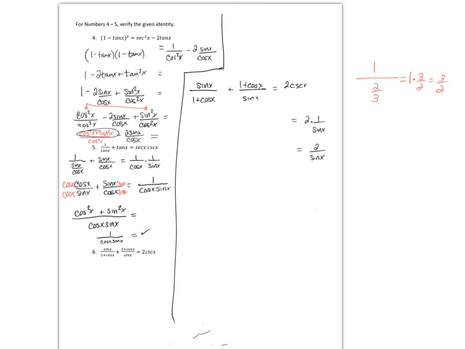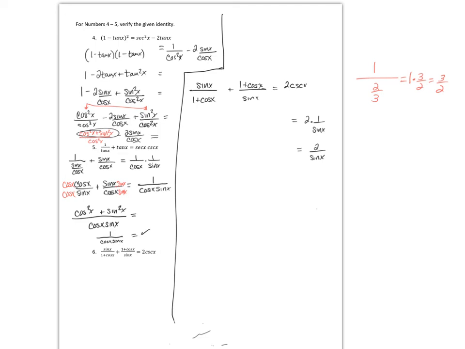Now, the left side, I'm thinking we can either go common denominator, or we can try to create a sine as our denominator. Like, for example, this guy has a sine for a denominator, and our right side has a sine for a denominator, so we may not want to mess with him. And maybe this guy, we can try to get him to be a sine for a denominator.